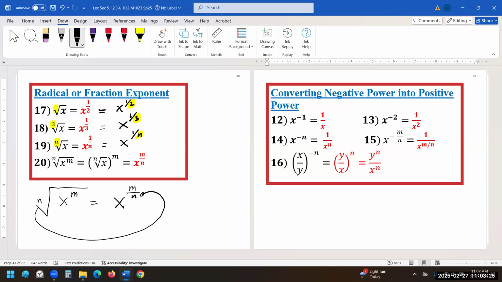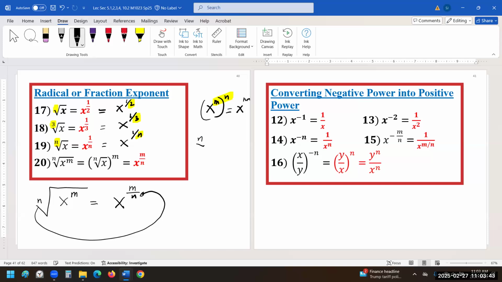Previously, if you have x to the m and n, two powers together, we multiply them, x to the mn. So you do the exact same thing here.